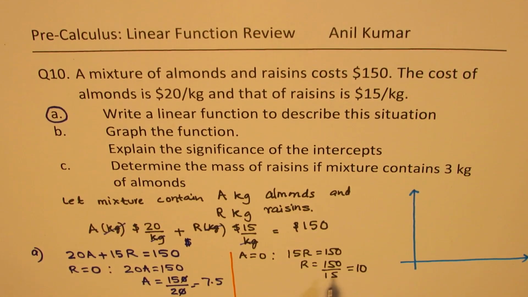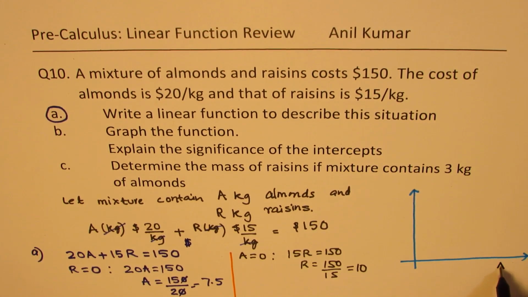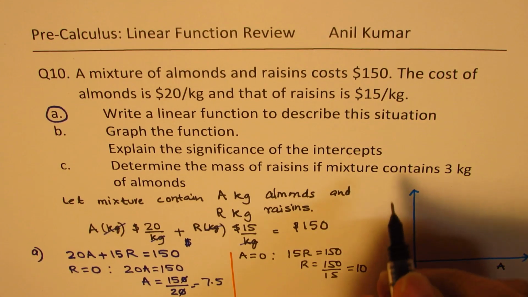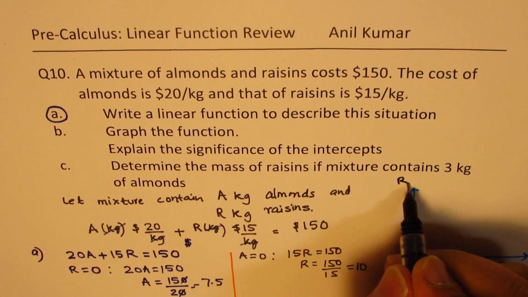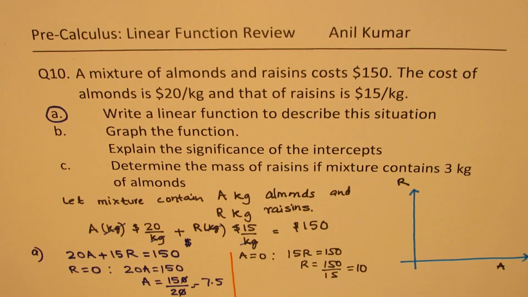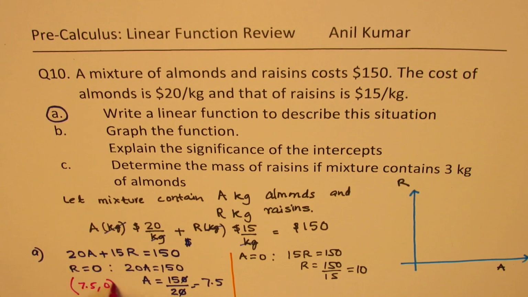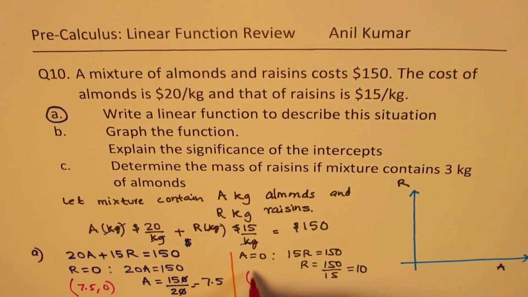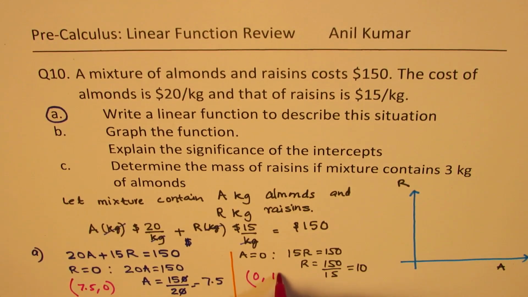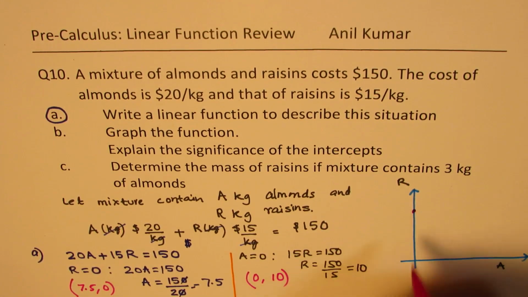So let us say on this scale we take almonds A along the x-axis, raisins along the y-axis. The two points we are thinking about: we'll write A first, which is 7.5, and here A is 0 and R is 10. So let's say this is 10 for us.